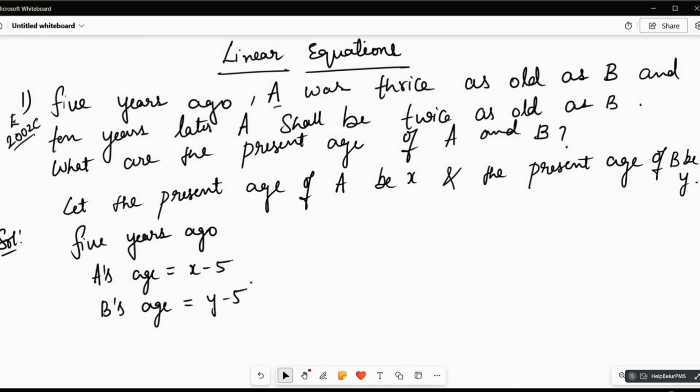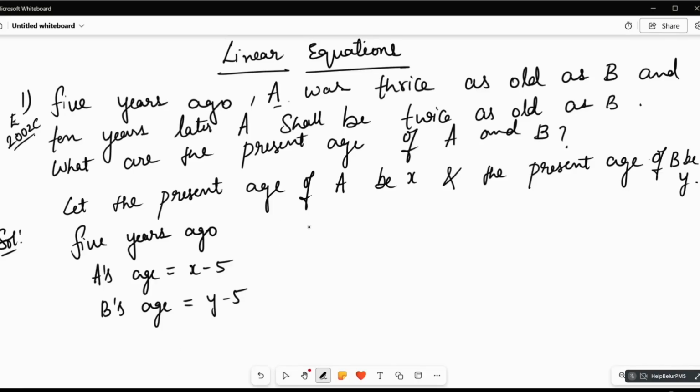This much clear, right? Now what is it telling? A was thrice as old as B. So if B's age is 10, A's age at that time, 5 years before, was 3 into 10.